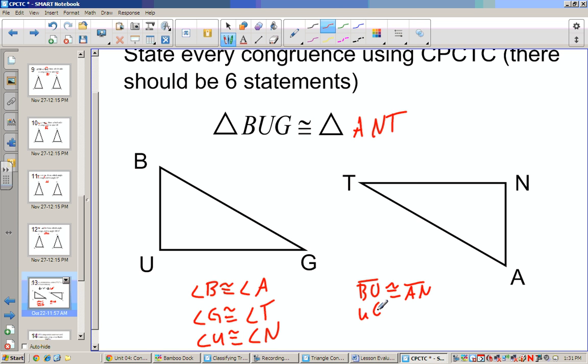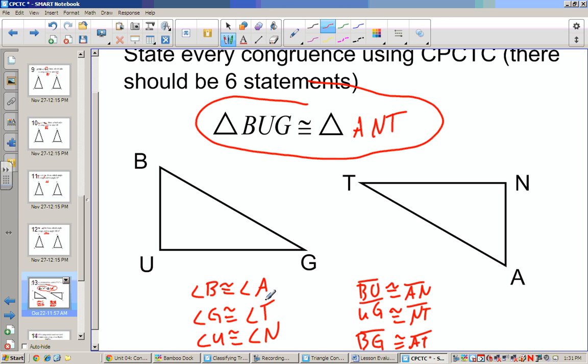UG will be congruent to NT. And then first and last, BG is congruent to AT. All right, so from this one statement, we can figure out those 6 things.